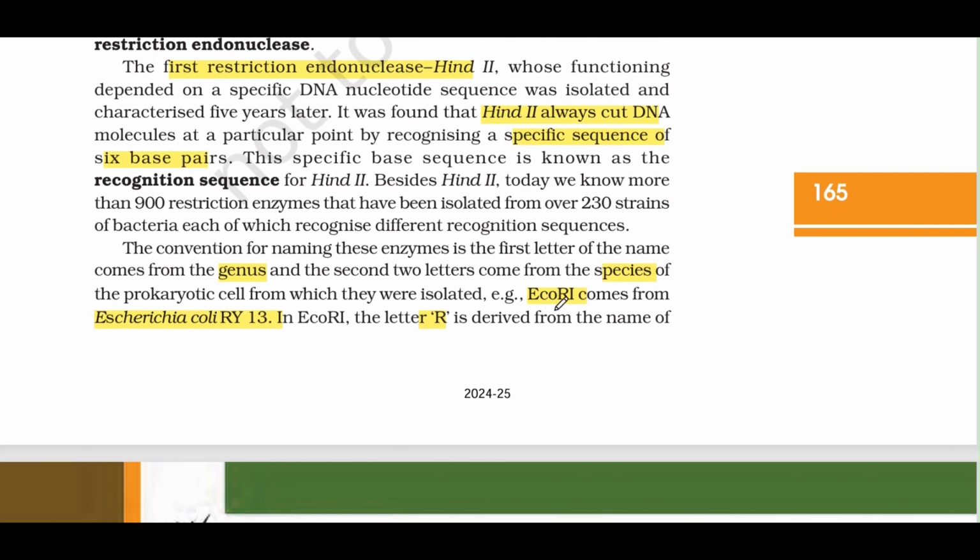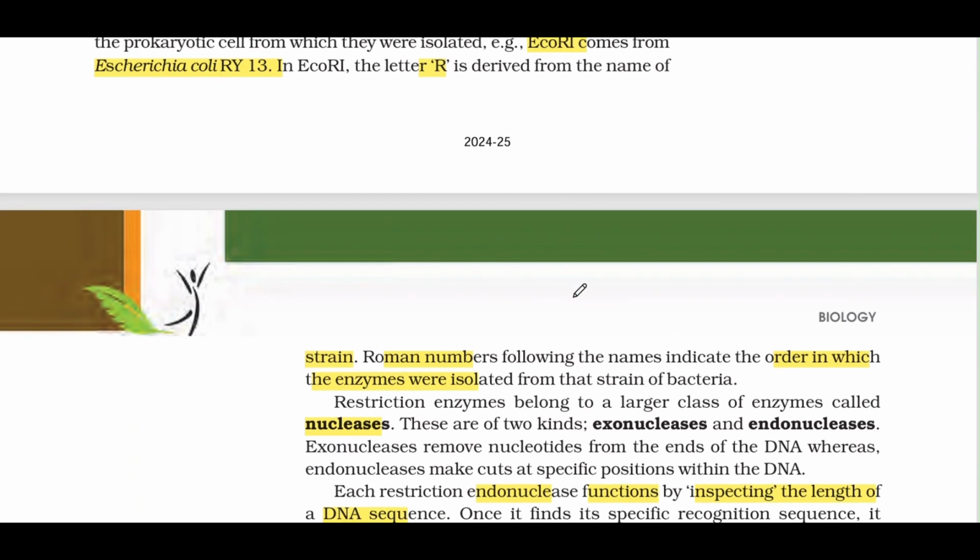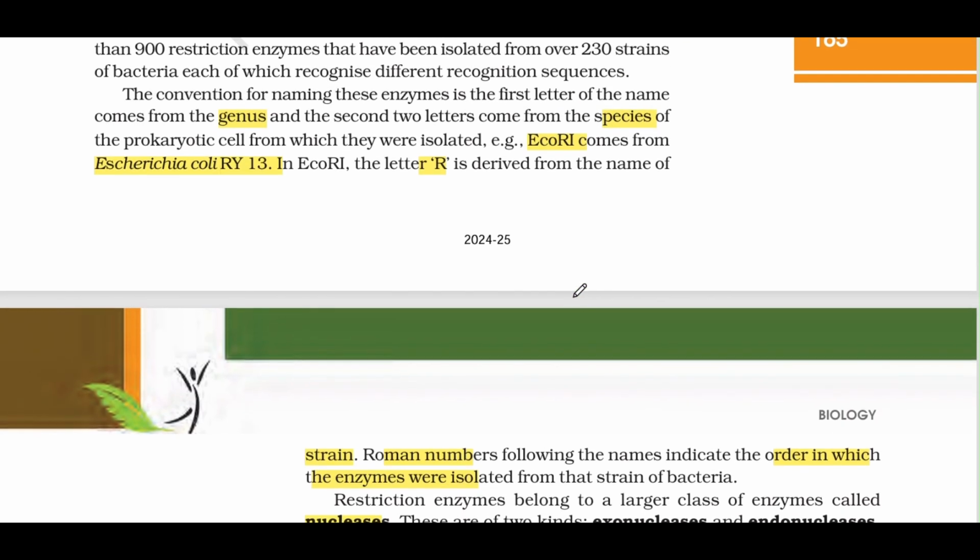Another example of a restriction enzyme is EcoRI. In EcoRI, the E stands for the genus name Escherichia, co stands for the species name coli, the letter R is the strain name, and the Roman numeral I represents the order in which the enzymes were isolated.